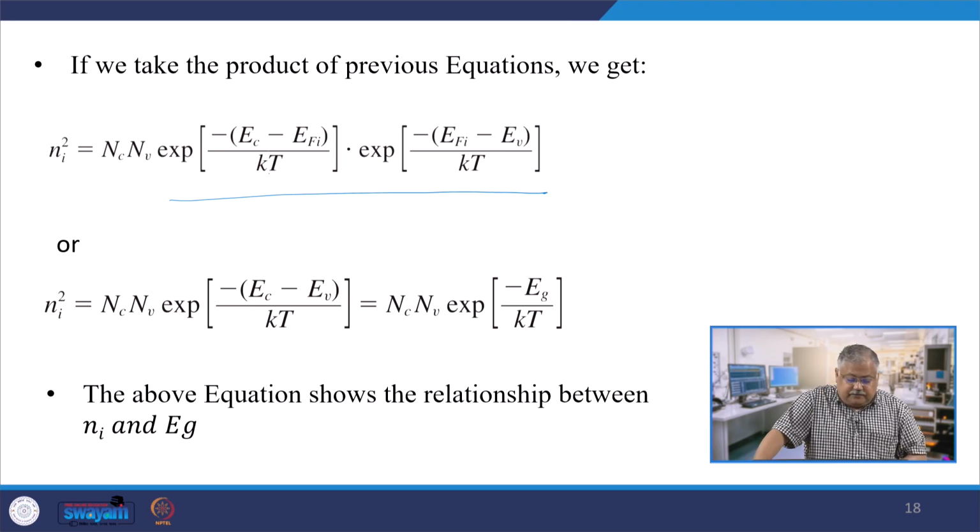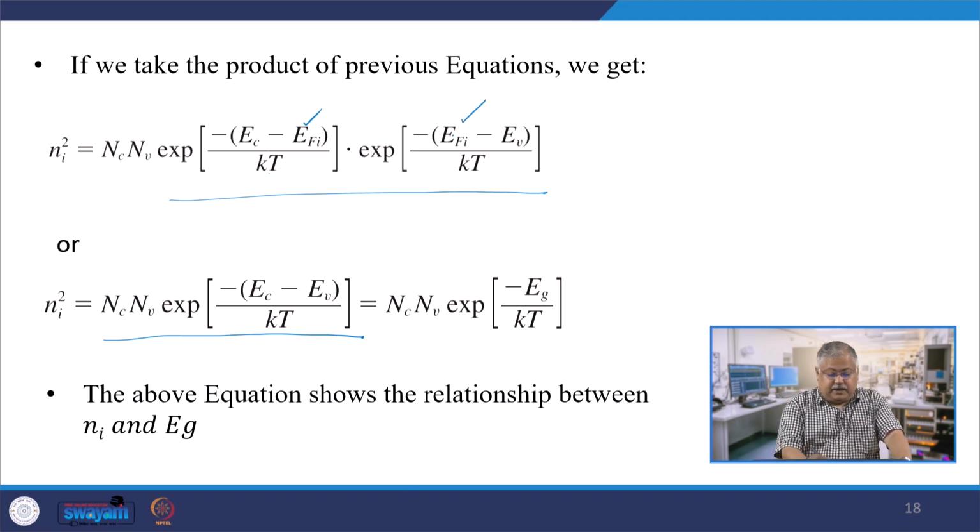Now in this case, if I change it, I get Ni square equals NcNv exponential minus Ec minus Ev. Why? Because EFi will get cancelled out from here. This is minus EFi, this is plus EFi, they will cancel out from each other, and I will get this expression. Now Ec minus Ev is nothing but Eg, if you remember.